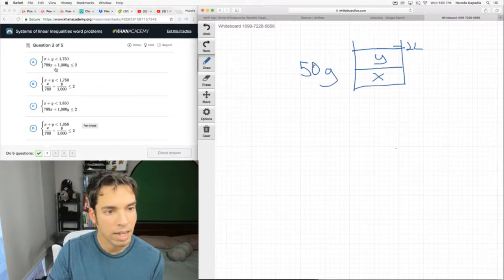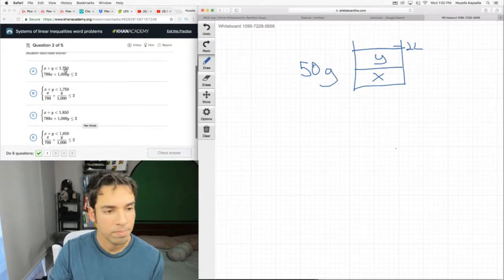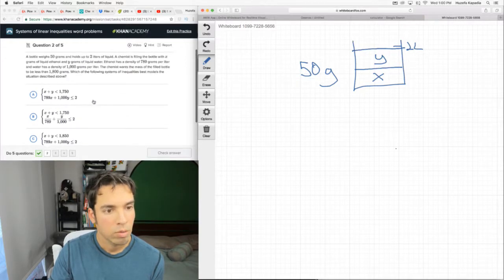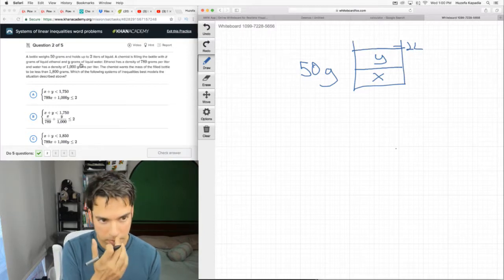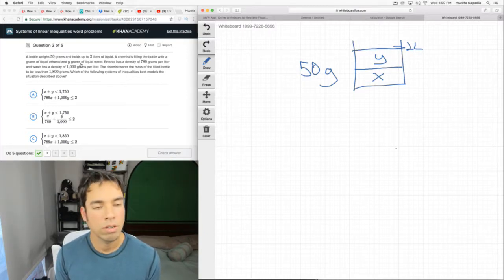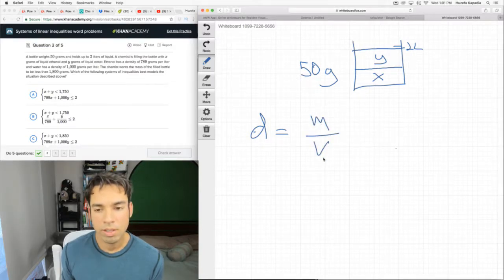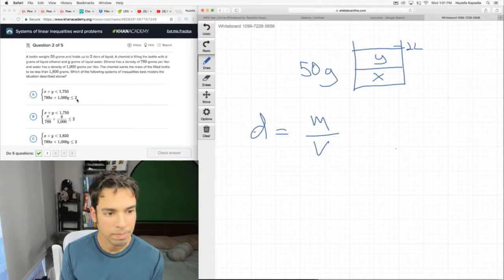It's either 789x plus 1,000y is less than or equal to 2, or it's this whole craziness where x and y, x is the amount of grams. So what do we do to convert? First of all, what is density? Density equals mass over volume. So if we want to convert this to just volume, because that's what we've got here, right?